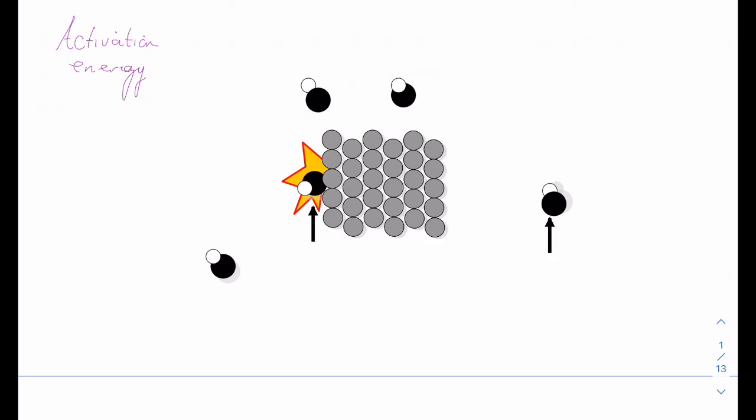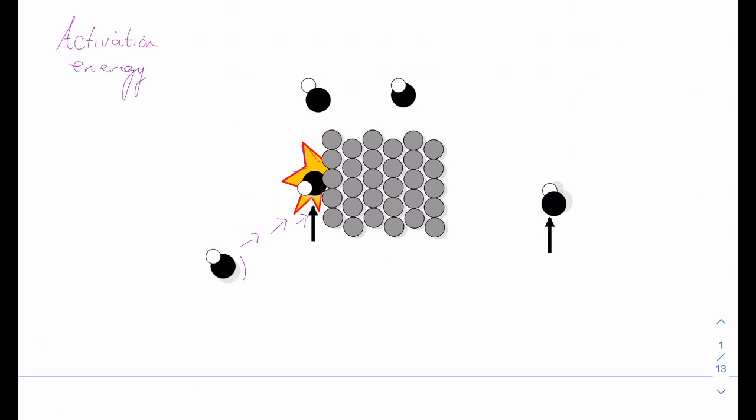So if this particle here that's going towards our reacting particle, the grey circles in the middle, goes with a lower energy than the activation energy, it'll simply bounce off it. But if it goes towards it with lots and lots of energy, any energy that's above that activation energy, it will hit, and like you can see here, there's a reaction happening and the particles collide.